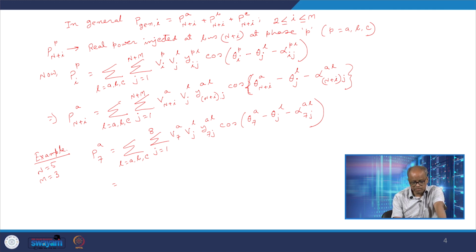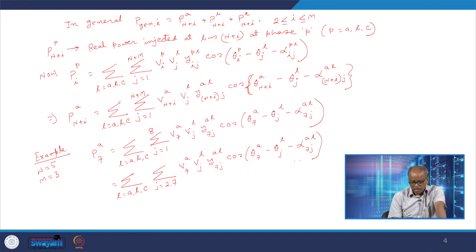Other than that, all the others will not exist. So this can be simplified as: l is equal to A, B, C, j will now only have two values, 2 and 7, then V7A, VJL, Y7JAL, cosine of (theta 7A minus theta JL minus alpha 7JAL).